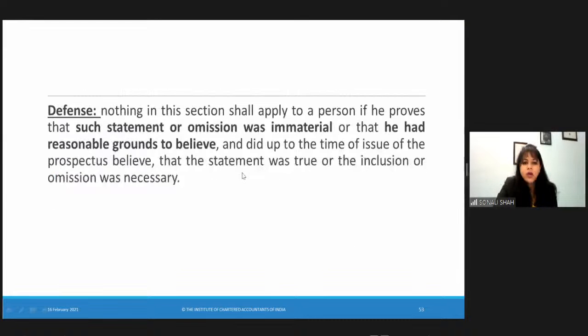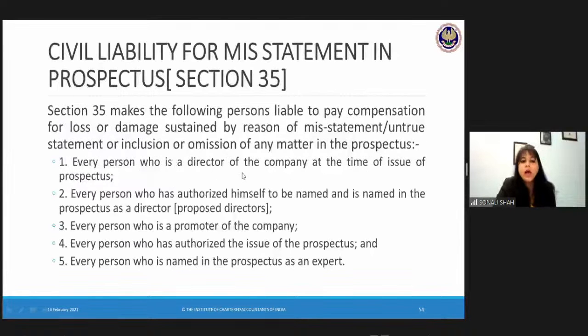Okay. Now coming to the civil liability. Civil liability will be applicable where a person has suffered loss or damage because of misstatement. Criminal liability gets involved wherever there is a fraud and misstatement in the prospectus, irrespective of whether damage has been incurred by anybody or not.